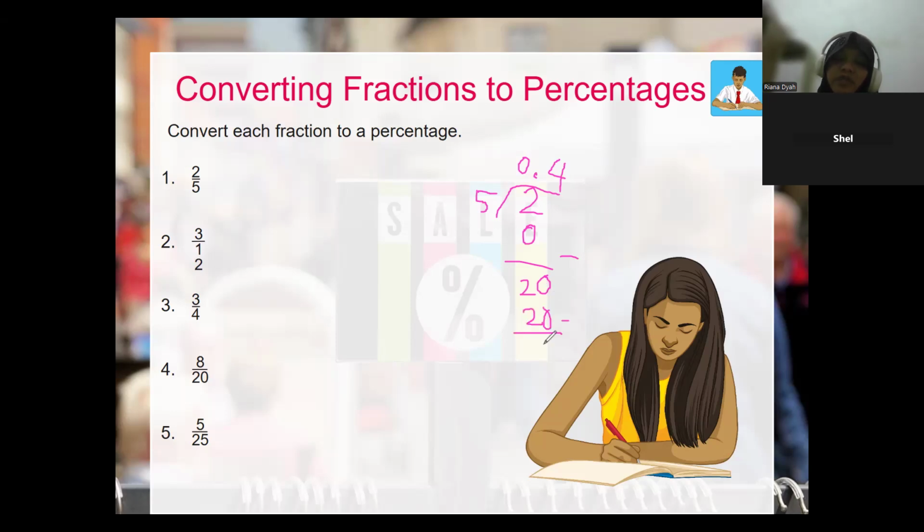So 20 minus 20 is 0. So the answer is 0.4. Yeah, the decimal will be 0.4. And then if you want to change it into percent, you times it with 100. So it's going to be 40%. So the answer is 40%.